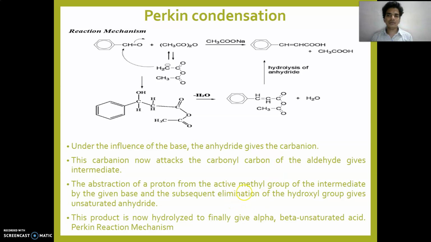The product is then hydrolyzed to give the alpha beta unsaturated acid. This is the Perkin reaction mechanism.